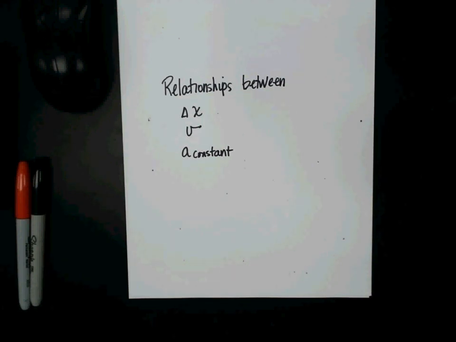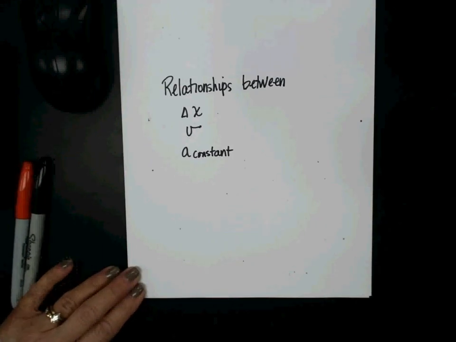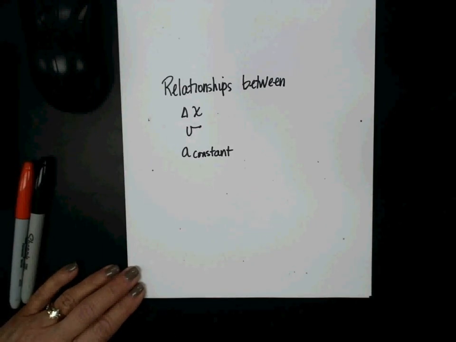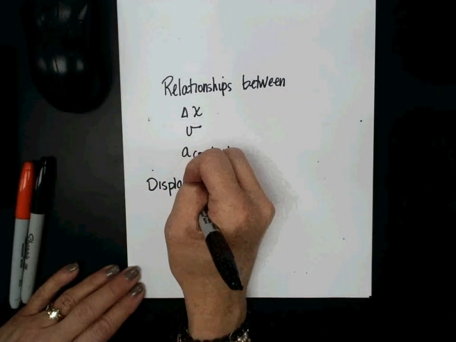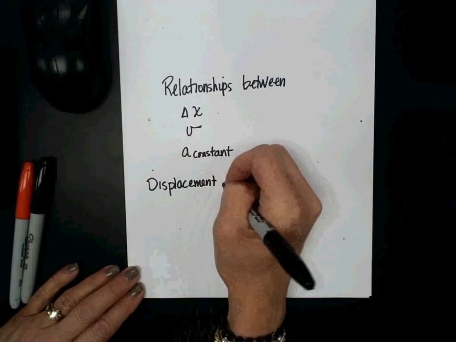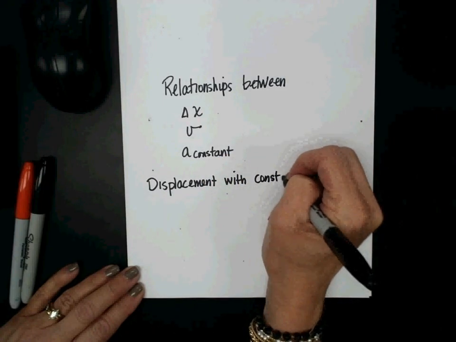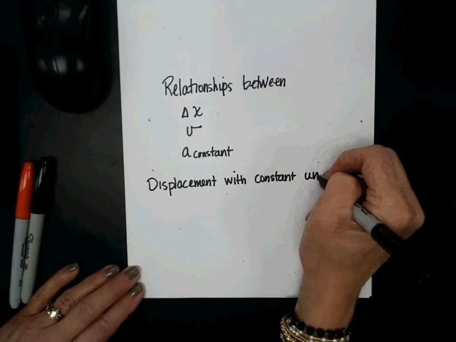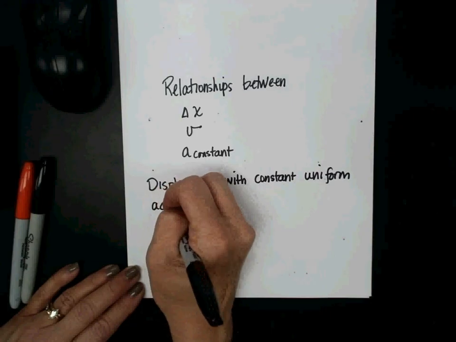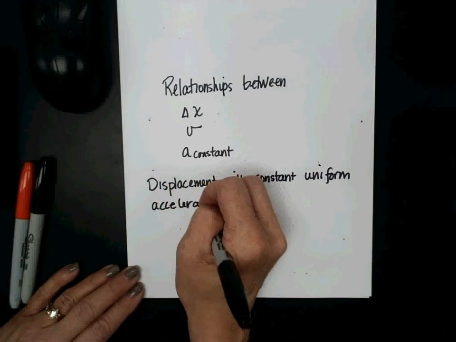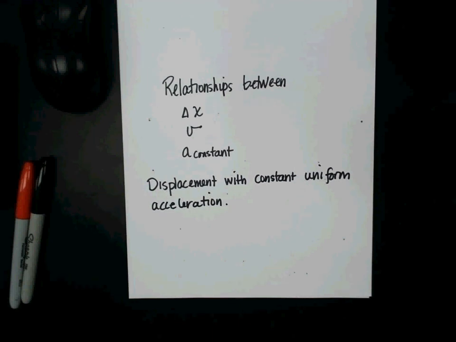So we have a formula that we can use when we're talking about displacement with constant uniform acceleration, and it takes the pieces that we've already talked about and puts them together.